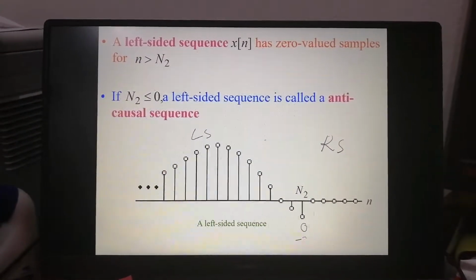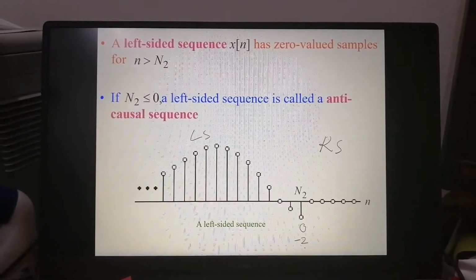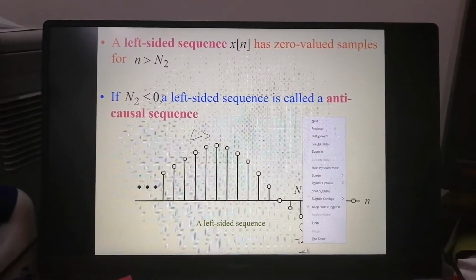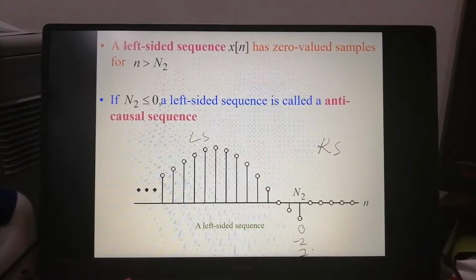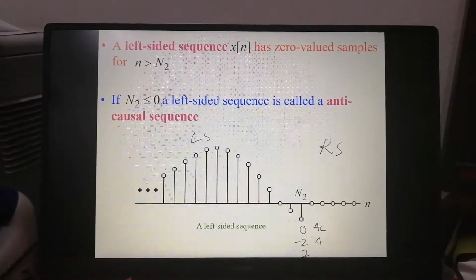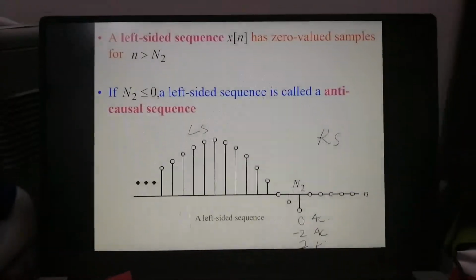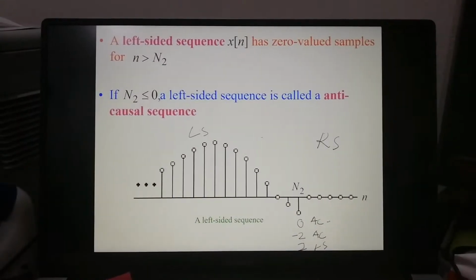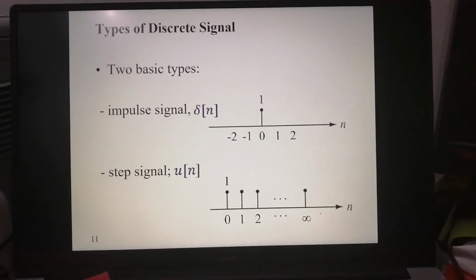If n2 is -2, it is an anti-causal sequence. If n2 is 2 saja, then it is a left-sided sequence. So this is anti-causal, this is anti-causal, this is a left-sided sequence, okay.